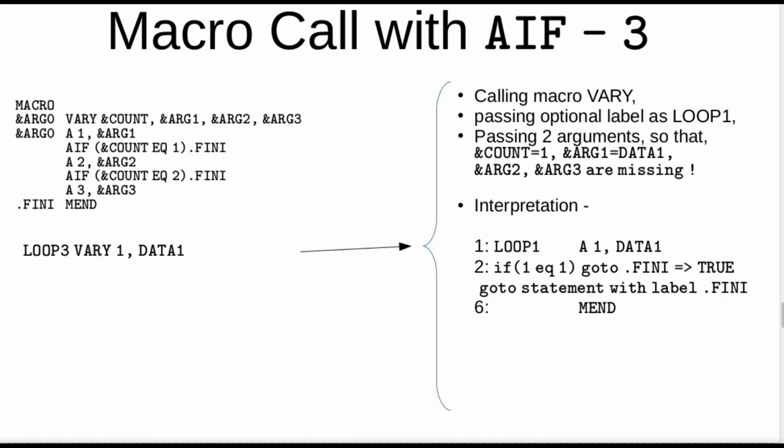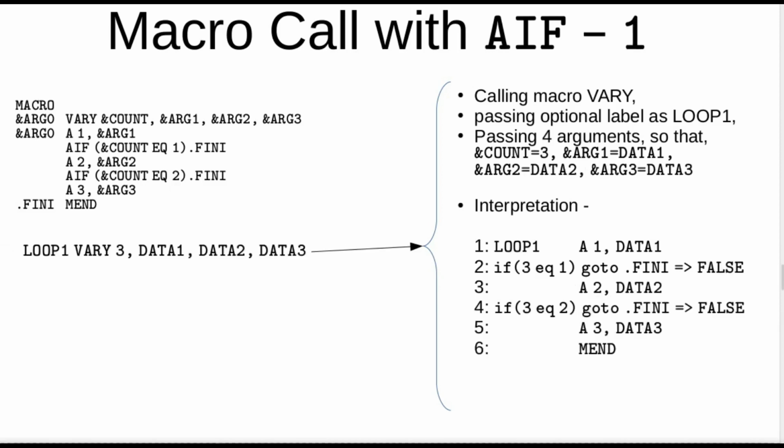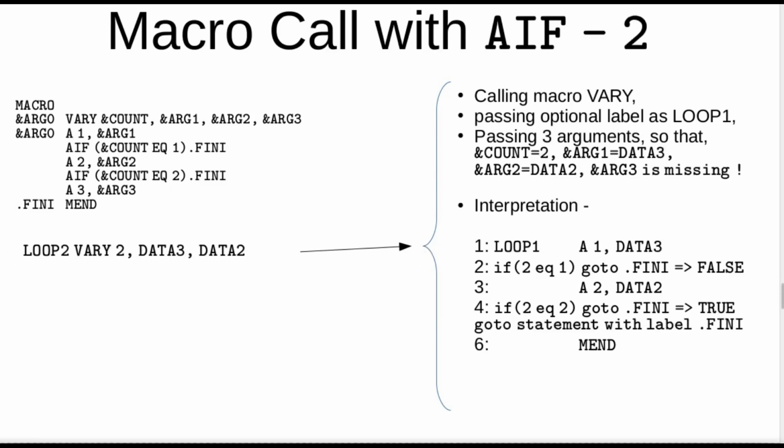So for the same macro definition, we have 3 different forms. In the first example we worked with all the 3 data values, data 1, data 2, data 3, right? In the second example, by varying the value of count, with the use of AIF statement, we simply worked as long as we required, right?